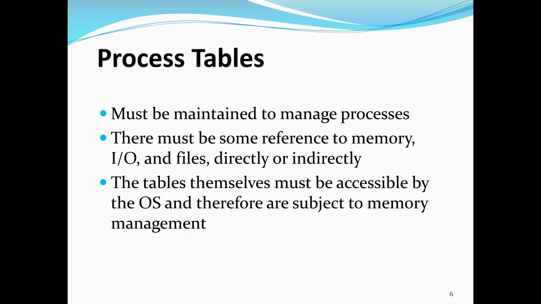So these files referred to in the file tables are accessible through an I/O device, and also will at some time be in a main memory, or at least in the virtual memory. So the tables themselves must be accessible by the operating system and therefore are subject to main memory.